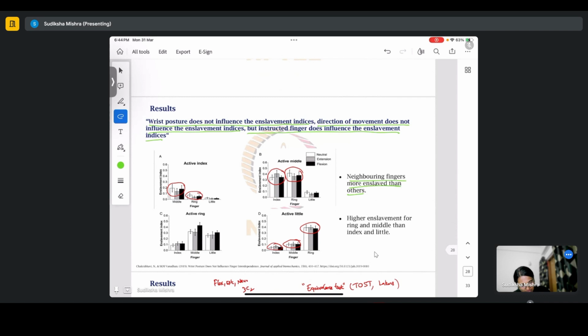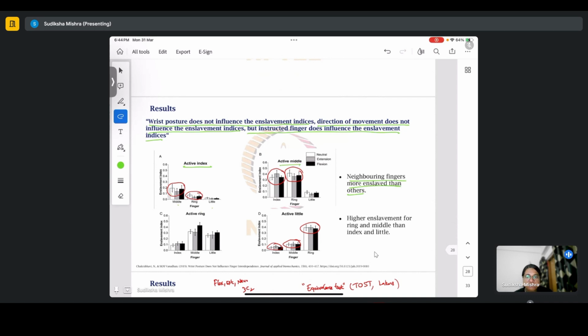If you look, the white bar is the neutral wrist position, gray is the extension condition of the wrist, and black is the flexion condition. And in this condition, if the index finger is active, you are looking at the enslavement index of middle, ring, and little.